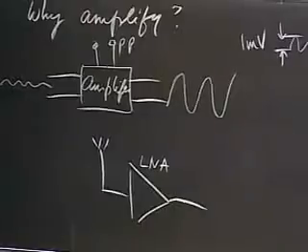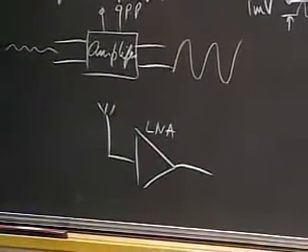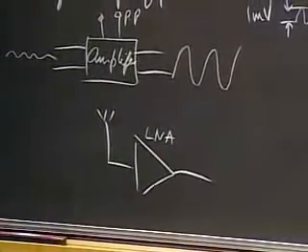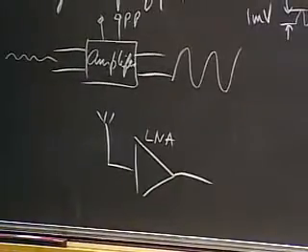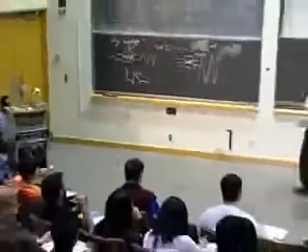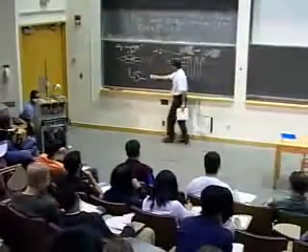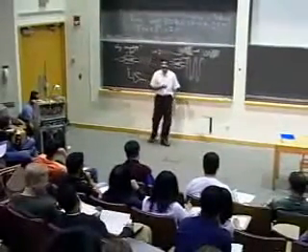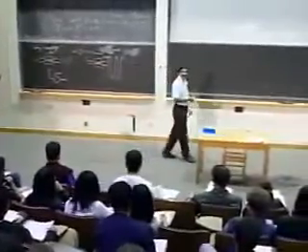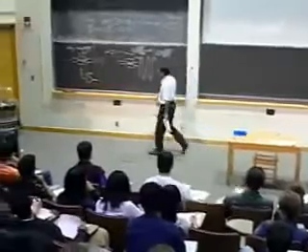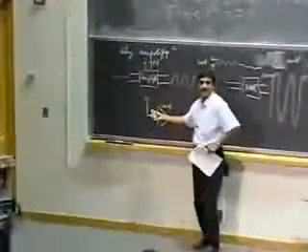If someone wants to take a guess at what LNA might stand for? What's that? Linear amplifier. That's pretty good. But close enough. A is correct. It's amplifier. What do L and N stand for? Low noise. So this stands for low noise amplifier.